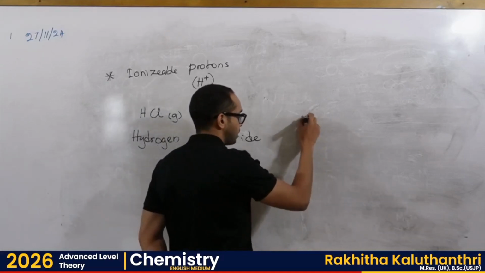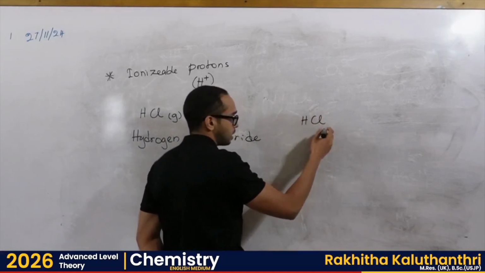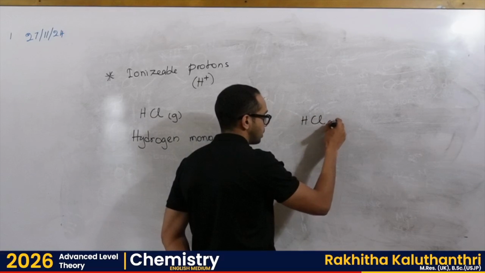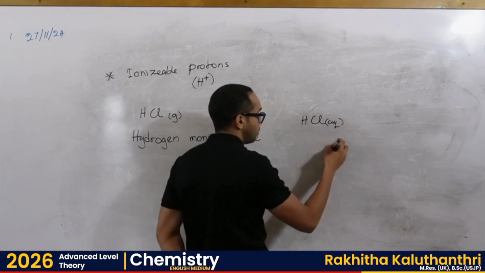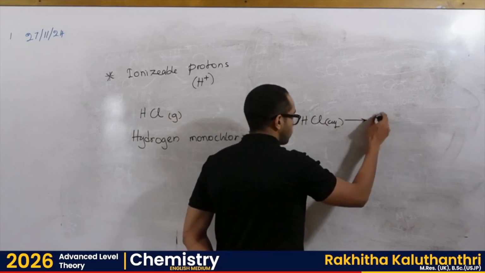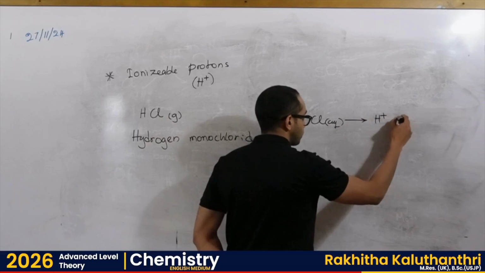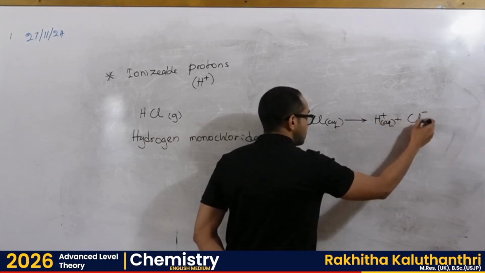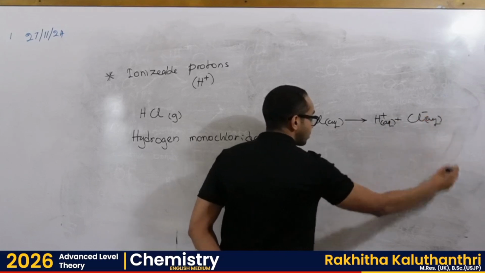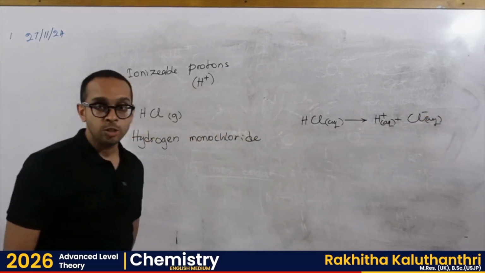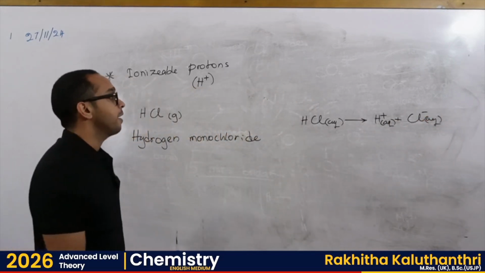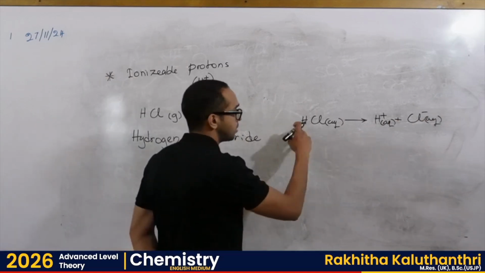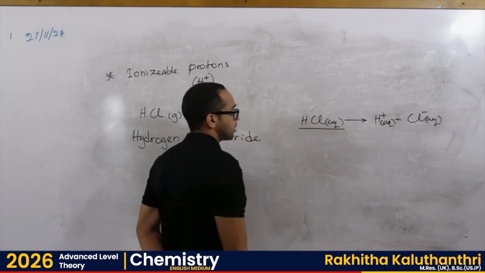However, if you have dissolved HCl in aqueous medium, let's say we'll have HCl(aq), that actually dissociates in water, like so. That means very easily we can say, now this is acting as an acid. So if it is acting as an acid, students, then you have to name this as an acid.